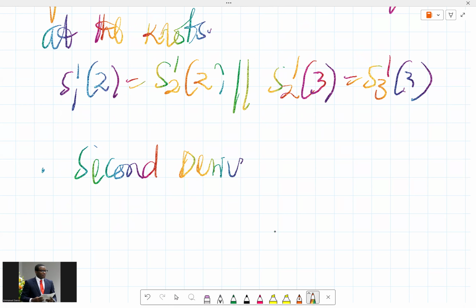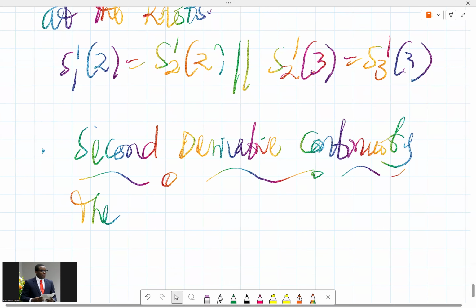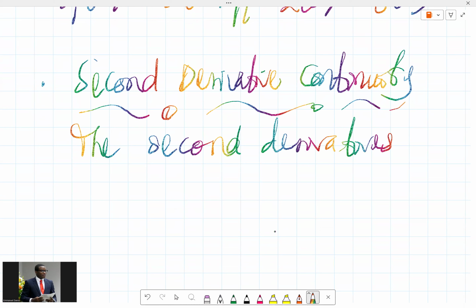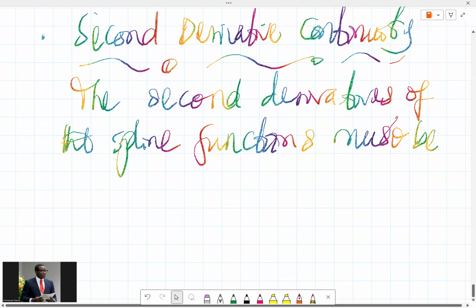So second derivative continuity is such that the second derivatives of the spline functions must be equal at the knots.